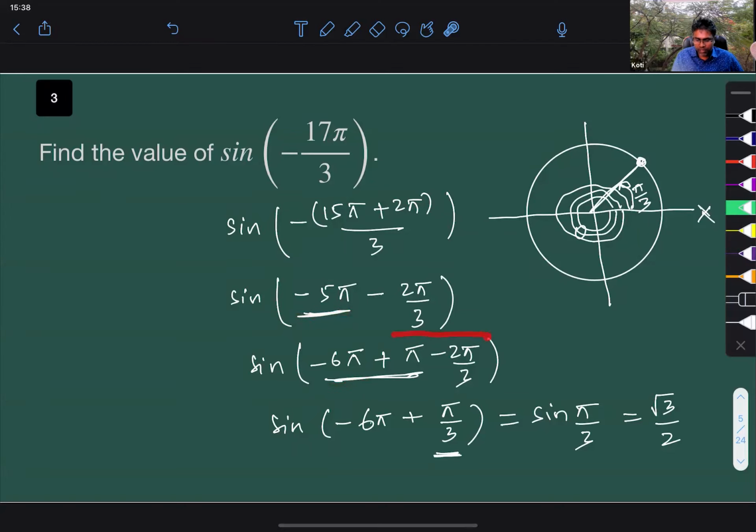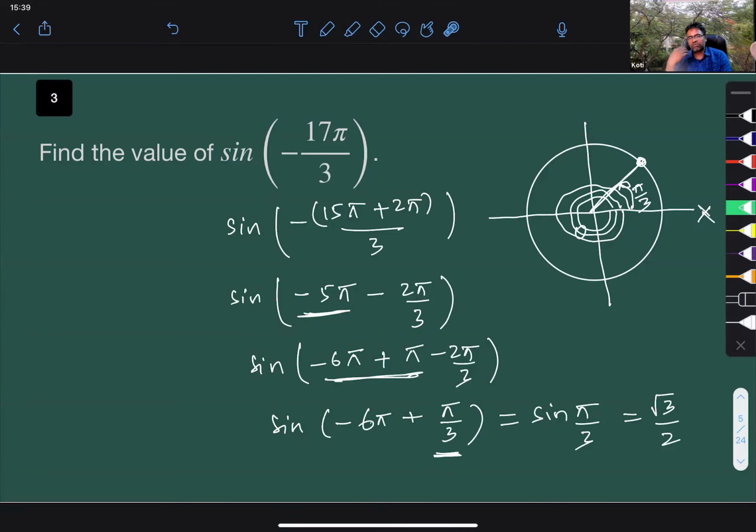Now I'm taking these two together, and then I have minus 6 pi here. You understand? Yeah, sir, got it. My advice is to go slow and always try to think about this unit circle until you become really comfortable.